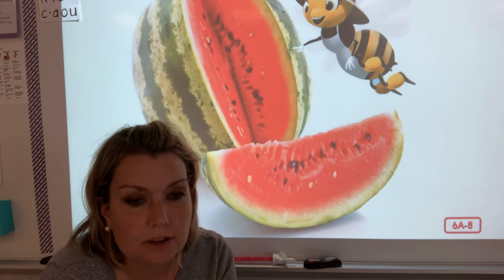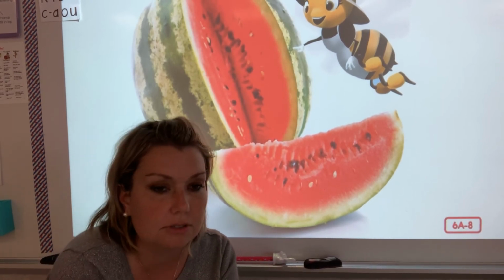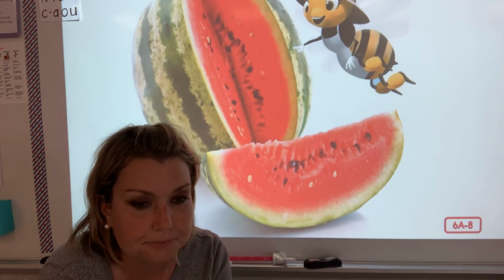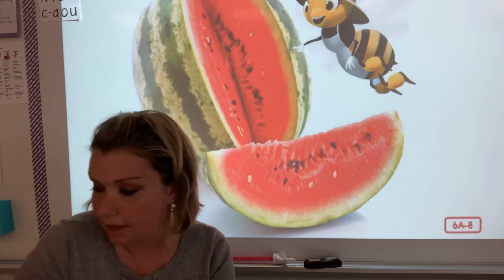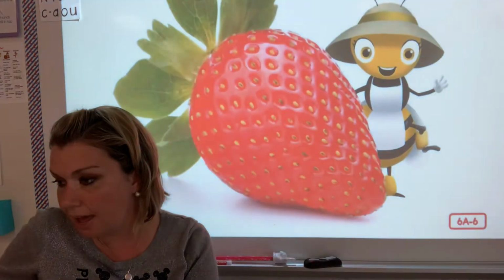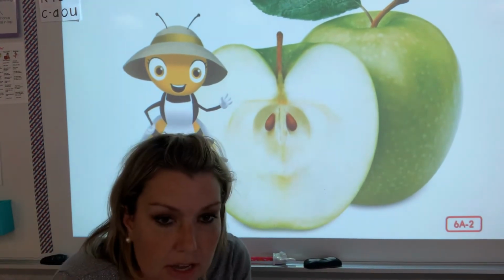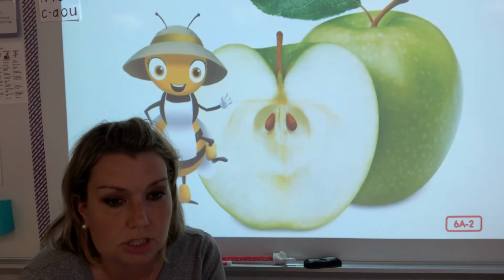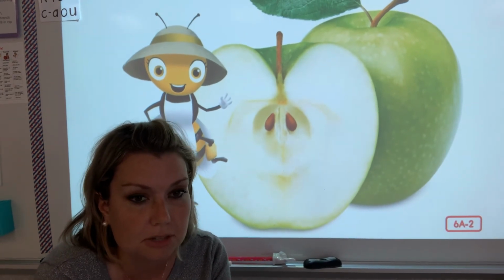All right, Anya, what are some of the fruits that Polly mentioned? Apples. She talked about apples. The seeds in the apple are on the inside of the fruit. Very good. What's another fruit that Polly mentioned? I'm going to come to you next, Grant.